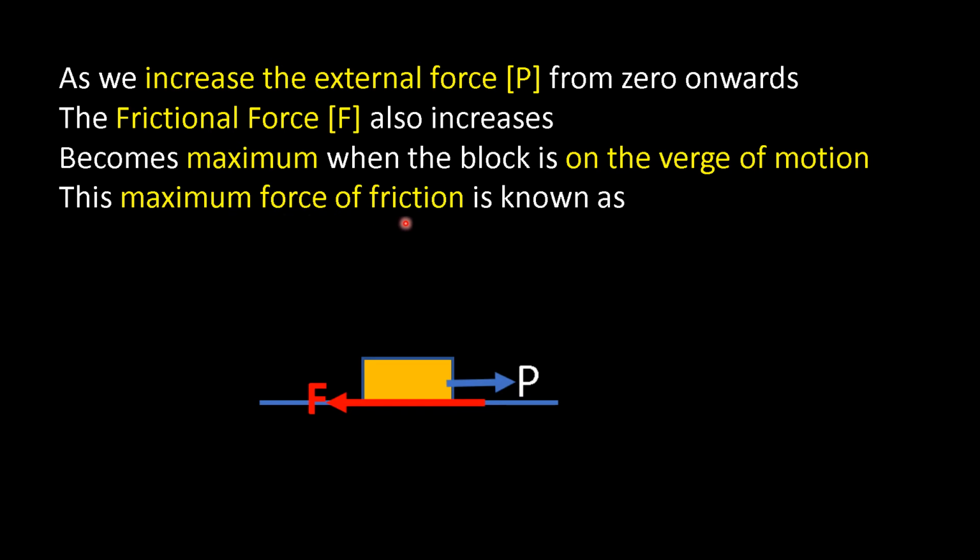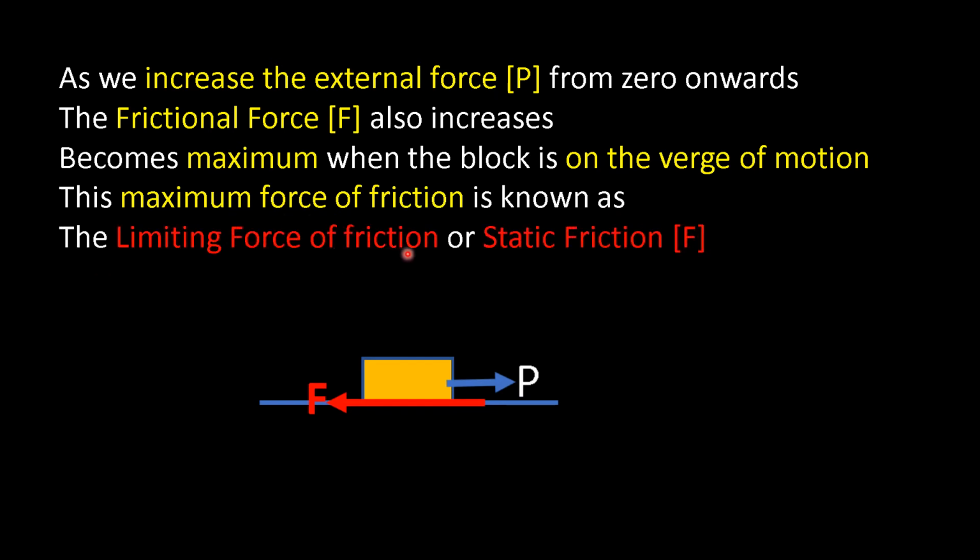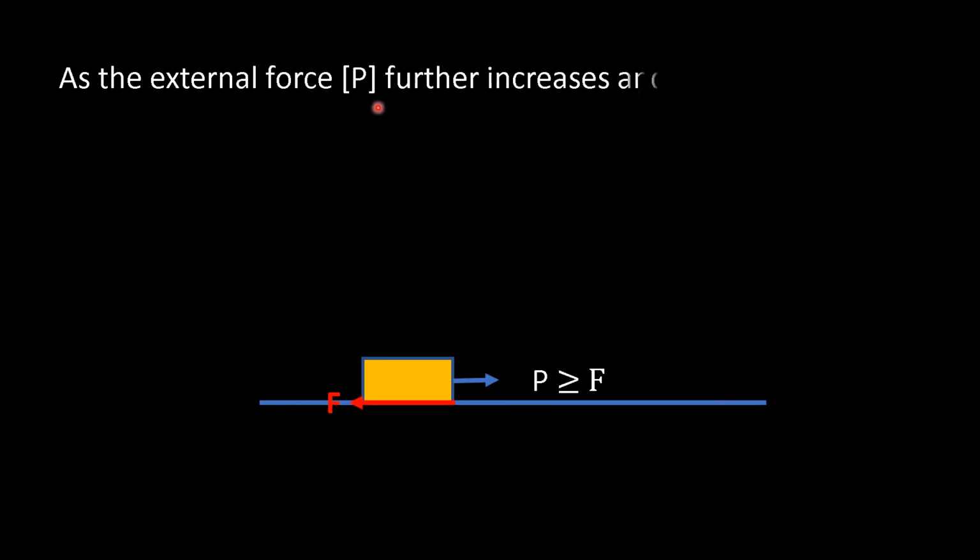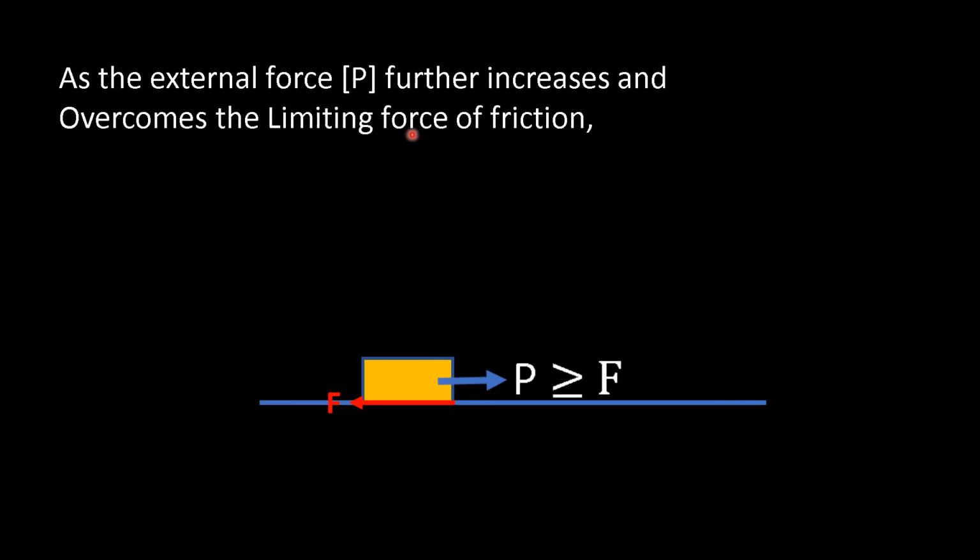This maximum force of friction is known as the limiting force of friction or static friction F. As the external force P further increases and overcomes the limiting force of friction, the block is set in motion.